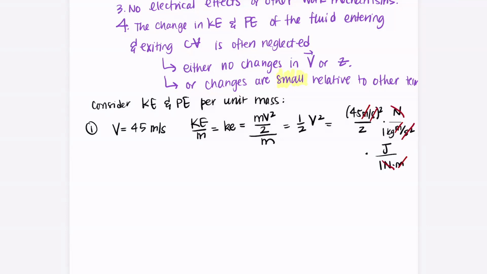So we have joules per kilogram left over. When we carry out this arithmetic, we get 1012.5 joules per kilogram, which is 1.01 kilojoules per kilogram.